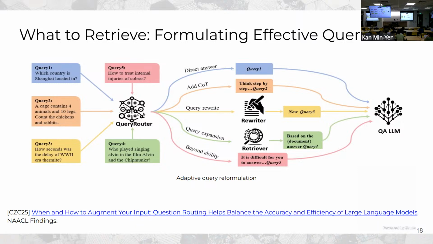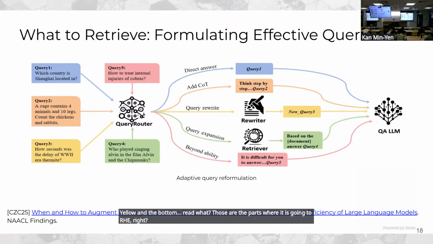For this, the proposed method is called a query router. That means before retrieval, we have to make the decision to formulate an effective search query before performing retrieval. If you look at the middle yellow and the bottom green ones, those are the parts where it is going to RAG.